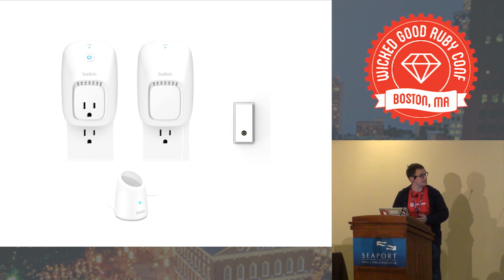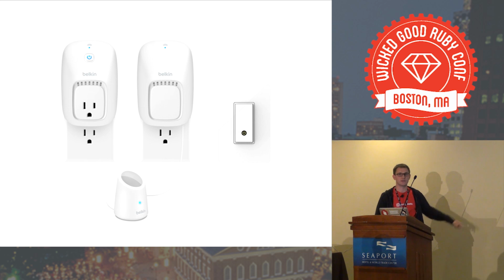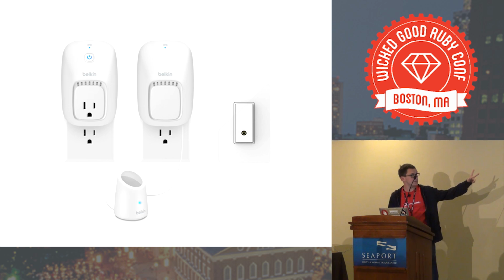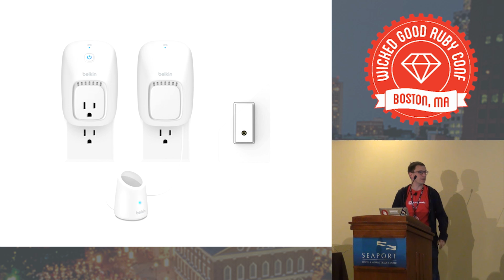Another set of devices, these are from Belkin. It's called Wemo. On the left, there's a power outlet. The middle one is a motion sensor. And the right one is just a normal light switch that you can replace. The two on the ends, you can control from an API or from the internet or from your phone. And then the middle one is the motion sensor.